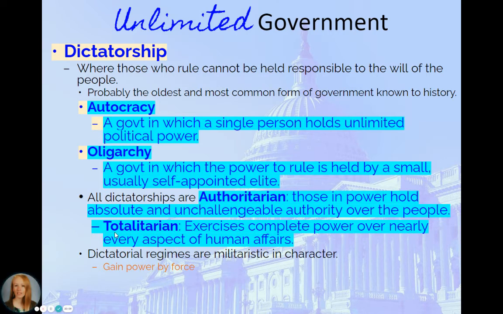Some really fun vocabulary. If we take the root word, totalitarian, we see the word total. Think of total control. It exercises complete power over nearly every aspect of human affairs.